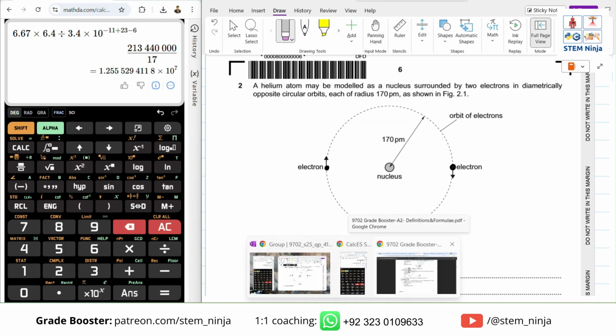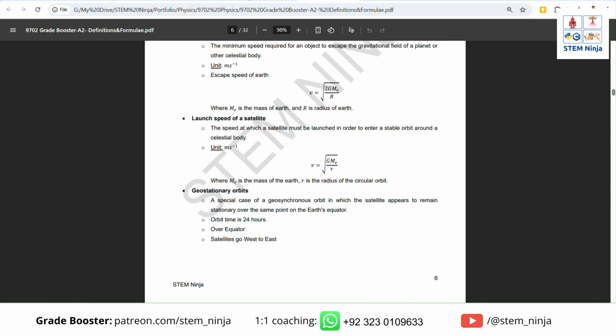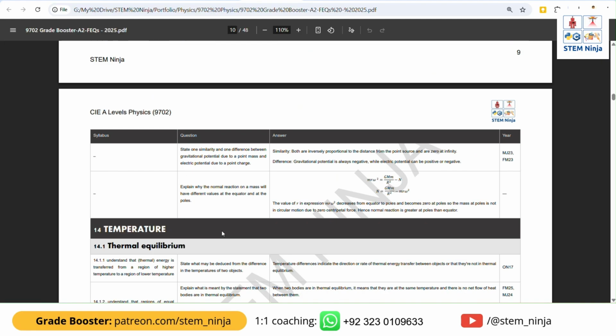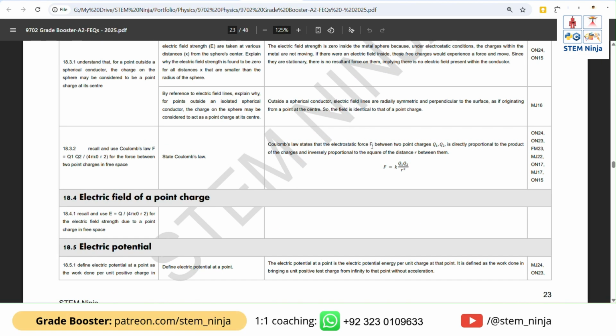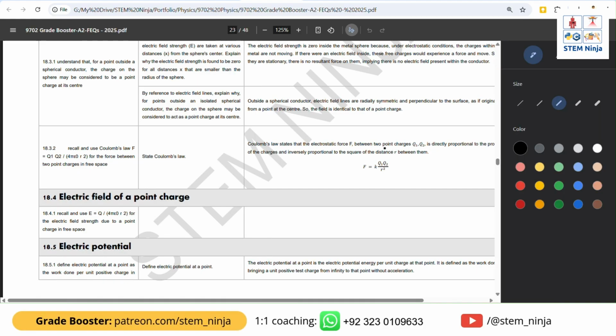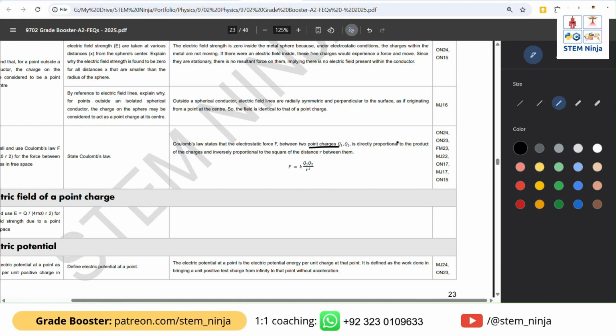Coulomb's law is very similar to the gravitational law. Coulomb's law states that the electrostatic force between 2 point charges, and the keyword here is point charges, is directly proportional to the product of the charges and inversely proportional to the square of the distance between.